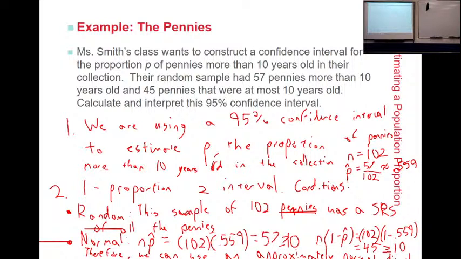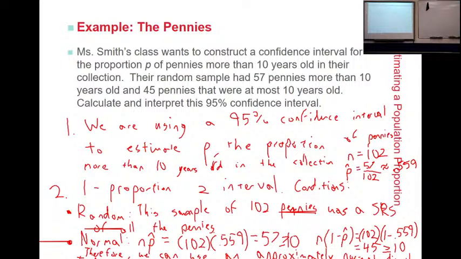Okay. So we did our random, we had a random sample. Normal, we checked n times p hat and n times 1 minus p hat. And so our last one is independent. Which is, we have this collection.